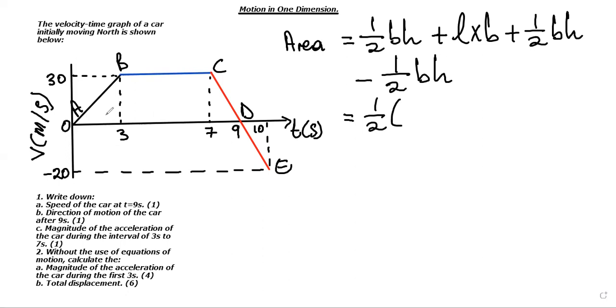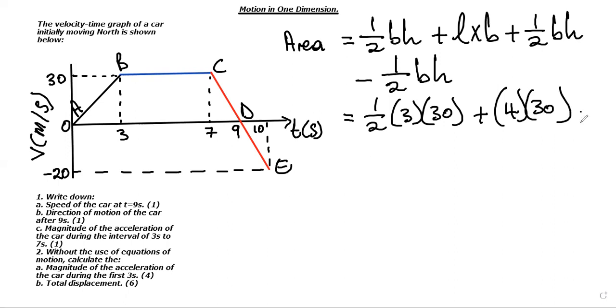Then you say the base of the first triangle will just be 3, and the height of it will be 30 meters per second. Then you say the length of the rectangle is 7 seconds minus 3 seconds, which is 4 seconds, and the breadth or the width will just be 30 meters per second.